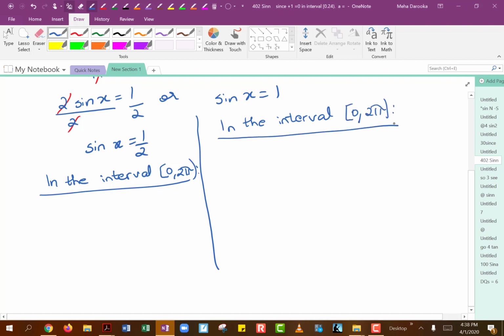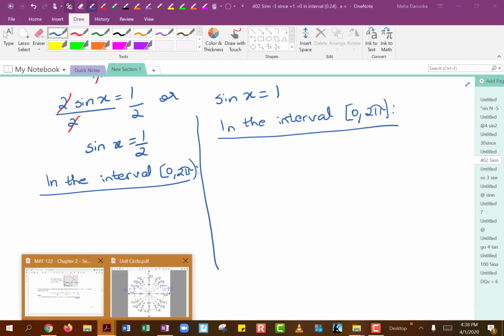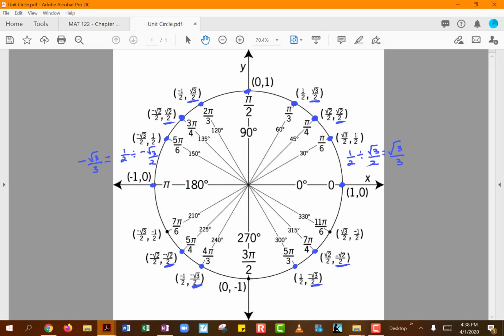So we basically want to know where the sine function is going to be 1/2 and where the sine function is going to be 1. So let's go to our unit circle. The sine function is 1/2 right here at pi over 6, at 5 pi over 6, and that was a positive 1/2, right?